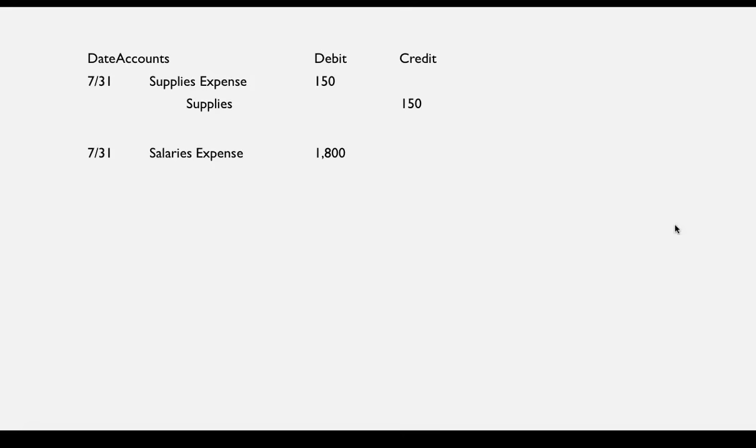So if you owe them money, we have to be thinking of a liability account. Now, accounts payable is what we use when we owe a creditor money. But if we owe our employees their salaries, we have a special salaries payable account. So we'll use salaries payable here and credit that $1,800.